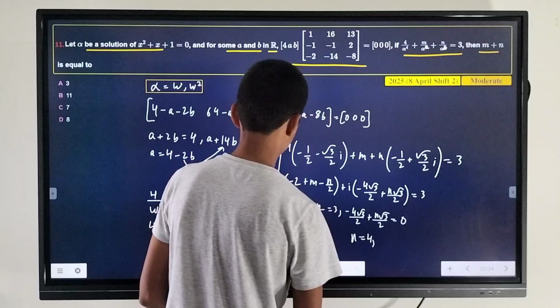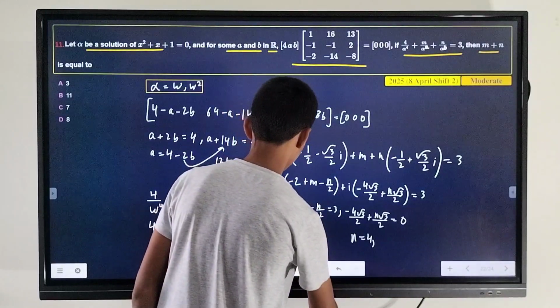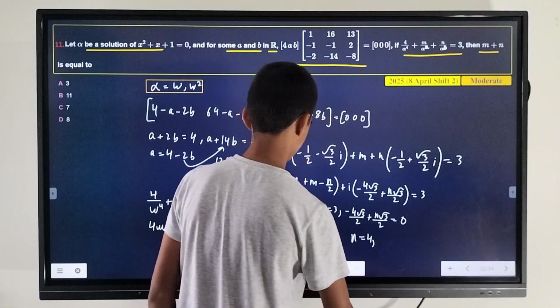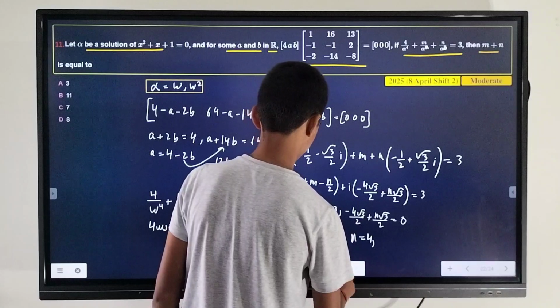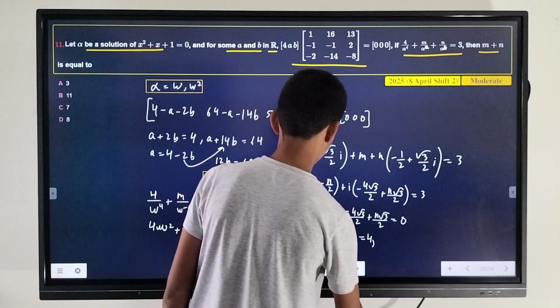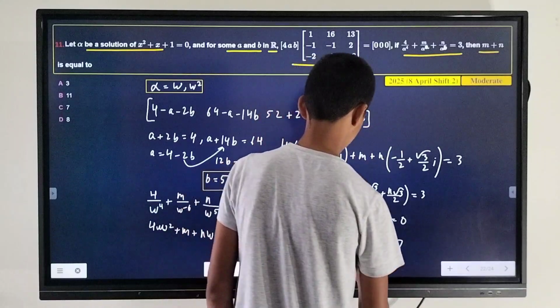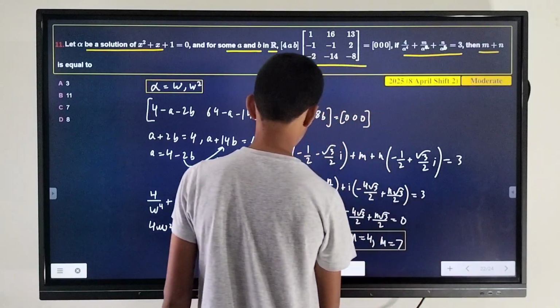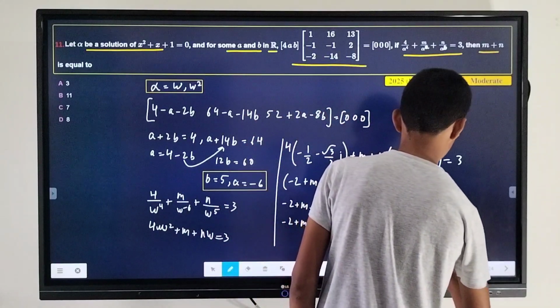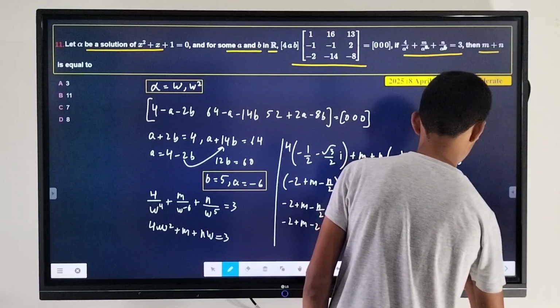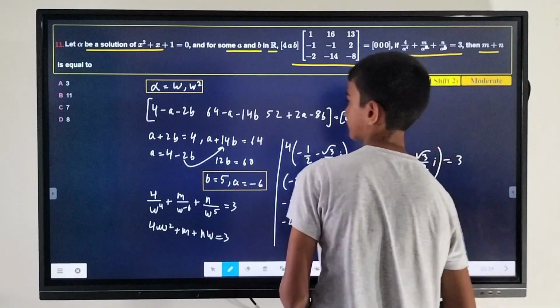We will get minus 2 plus m minus 2 is equal to 3. So m is equal to 7. From here our m plus n is equal to 11.